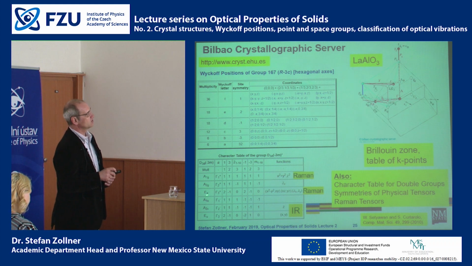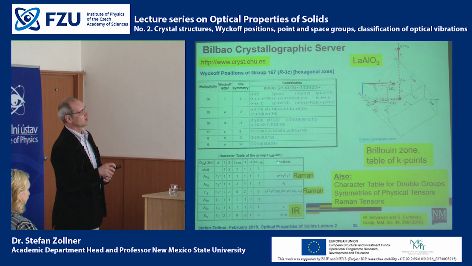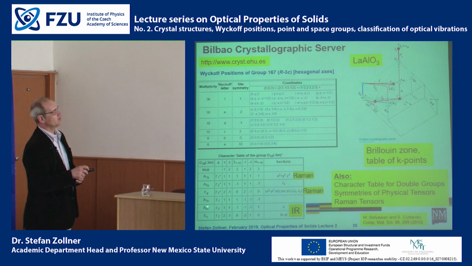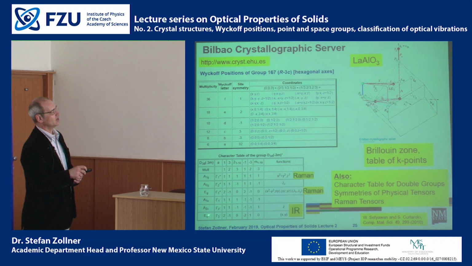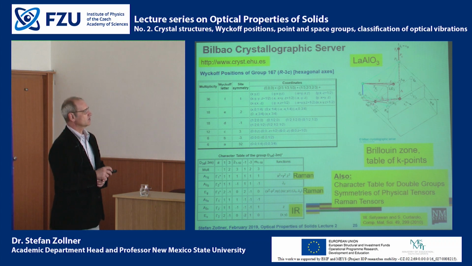So I have six representations for this symmetry group, and the character table also tells us how the basis functions, the eigenfunctions belonging to these representations, transform. So this is a one-dimensional representation.